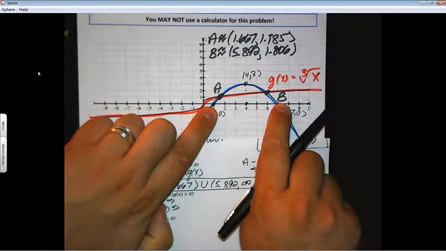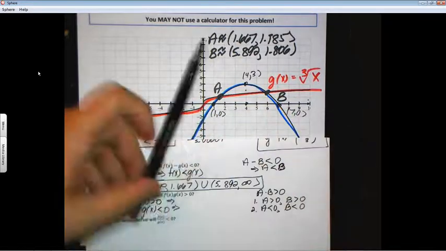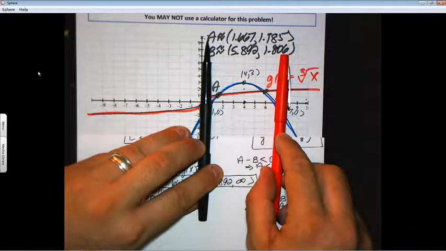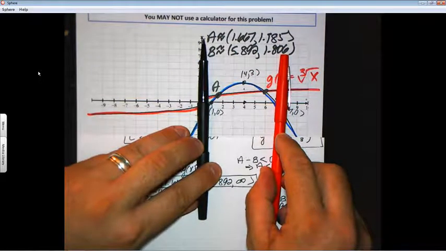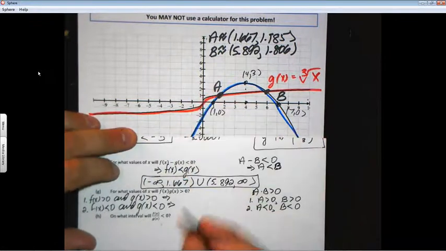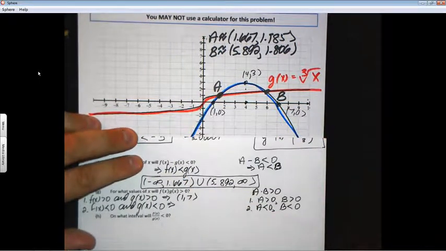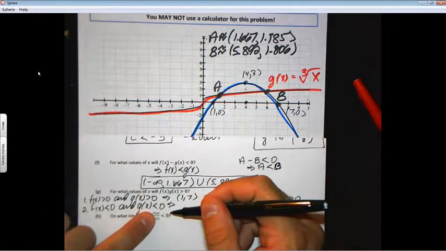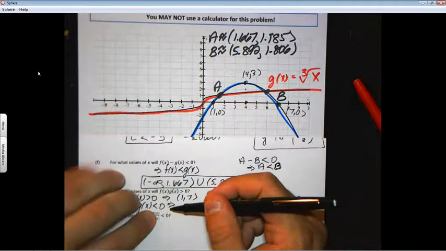Well, let's see. F is positive in between the roots, in between 1 and 7. And I can see, if I look just between where x equals 1 and x equals 7, the red graph is also positive. So on that interval, the interval 1, 7, we have a solution.